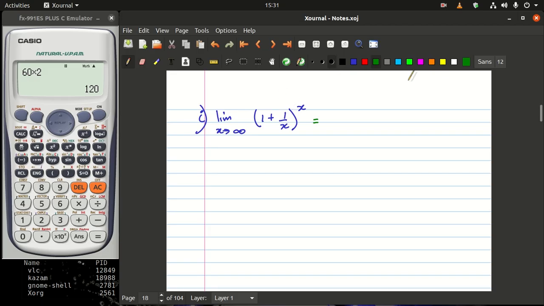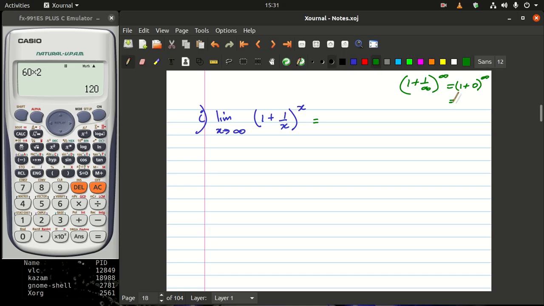Right? So I would end up having 1 plus 1 over infinity. And then up there I would just have infinity. In other words, I would end up having 1 plus a constant divided by infinity, whether it's positive or negative. As long as it is a constant, it will always be shrunk to 0, and then I have infinity.